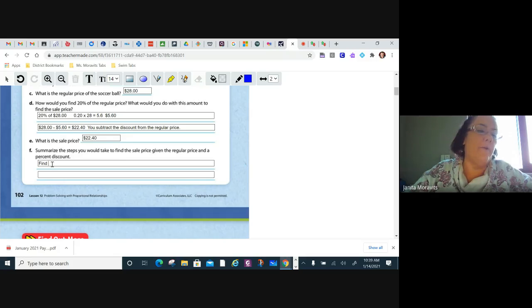Okay, I don't like the way they're wording this. So what you need to do is find the amount of the regular price by using the percent discount times the regular price.